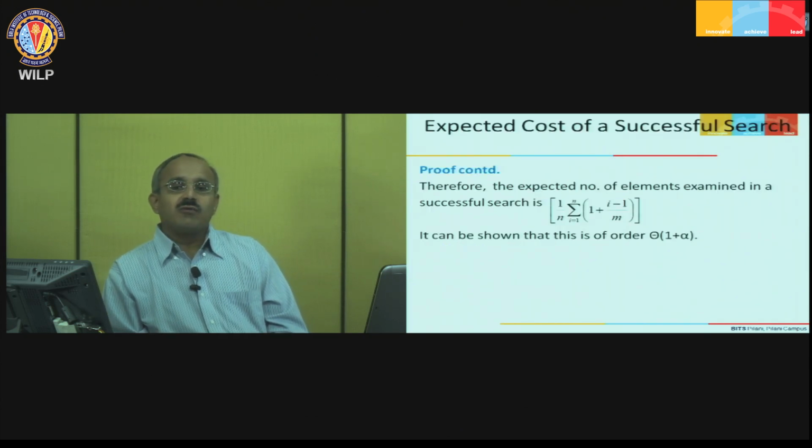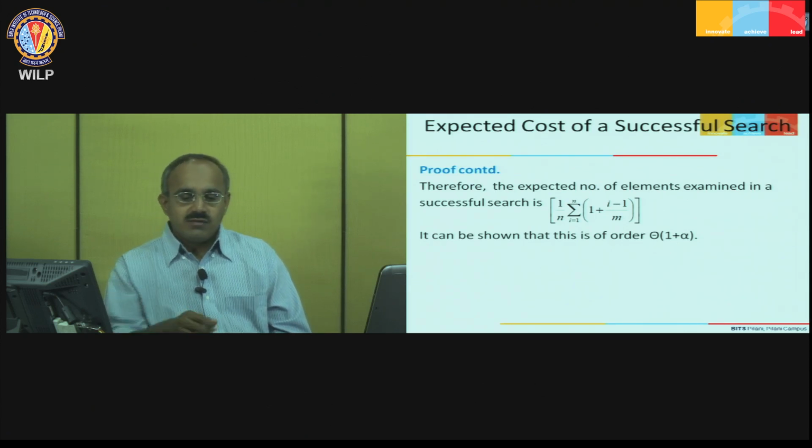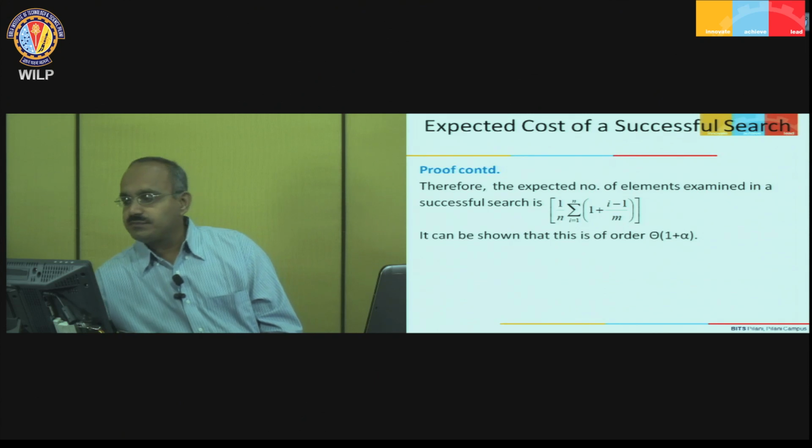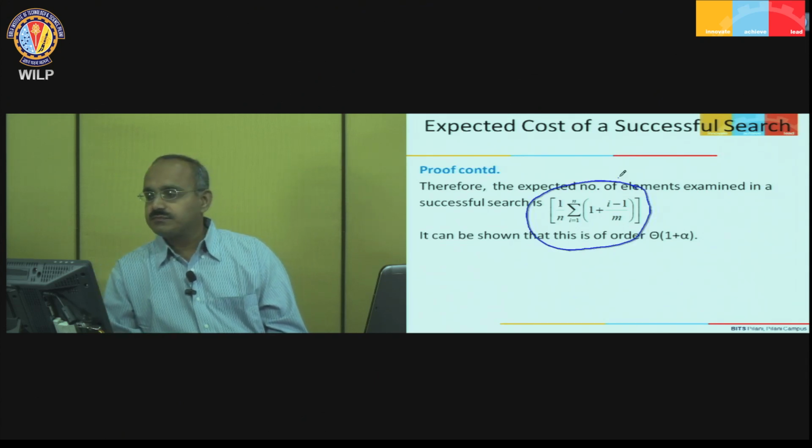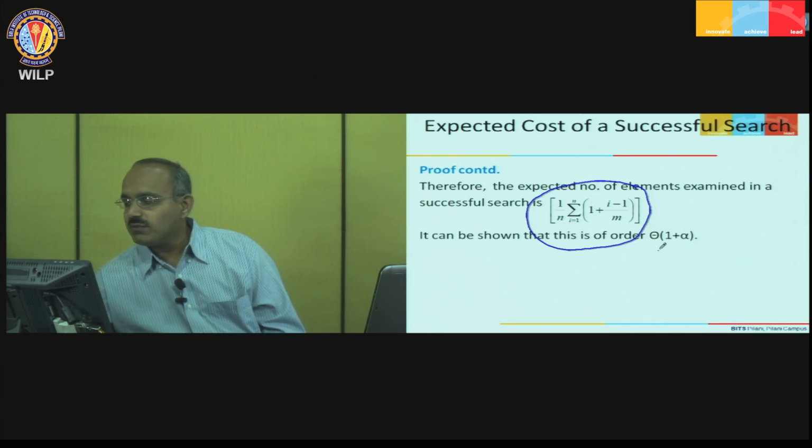So, the expected number of elements examined for a successful search can be computed using this expression. Now, one can use elementary algebra and show that this is bounded by theta of 1 plus alpha.